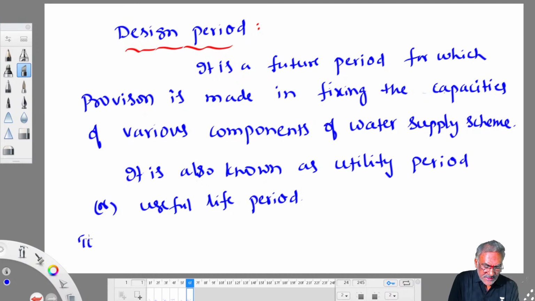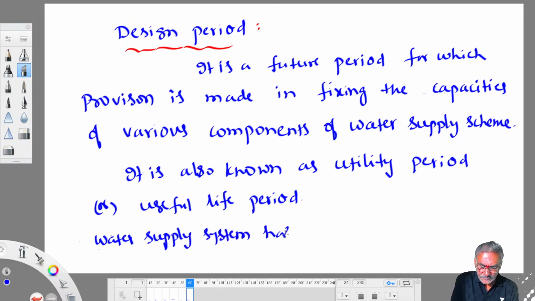So the total water supply system has got a design period of 30 to 40 years. You can't expect a service beyond that. The water supply system has got a design period of approximately 30 years.